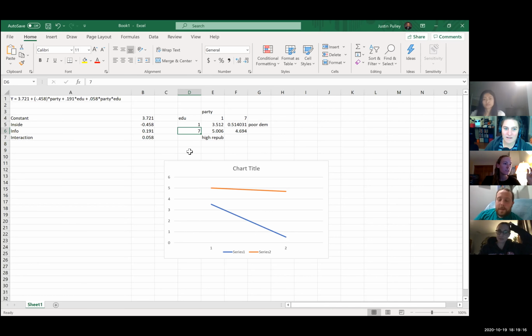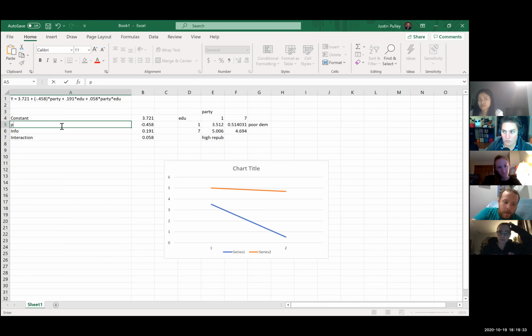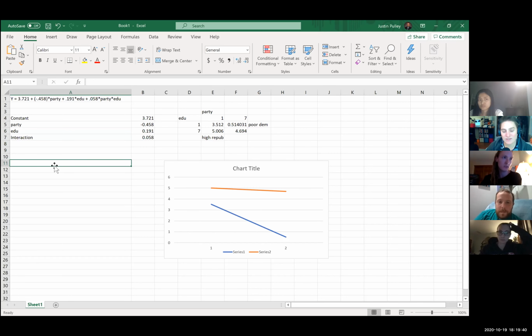Yeah. And if you look at the party line slope right now, it's negative 0.458. So that's what's represented here, negative 0.458. It's going down as education goes up. When education is 0, party line is going down. Let me do that again.